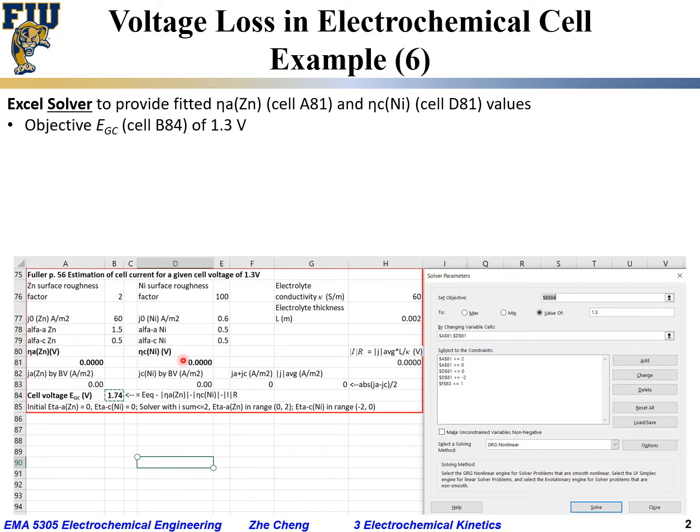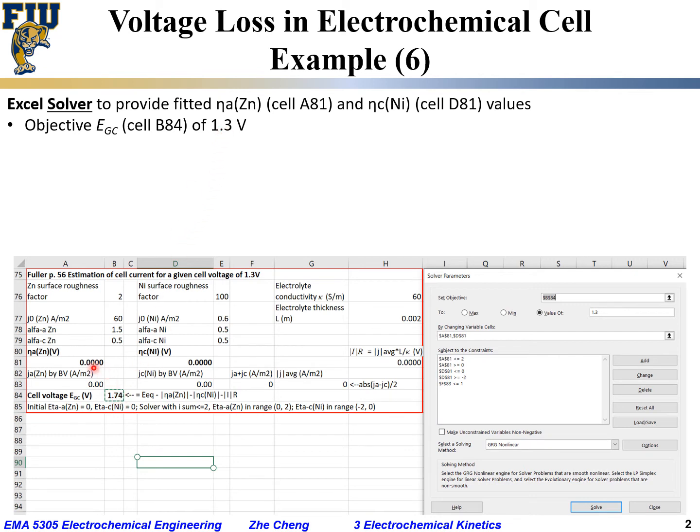Okay, and as you use Excel solver, our objective, as you see, would be for cell B84, which is cell voltage, to be 1.3.